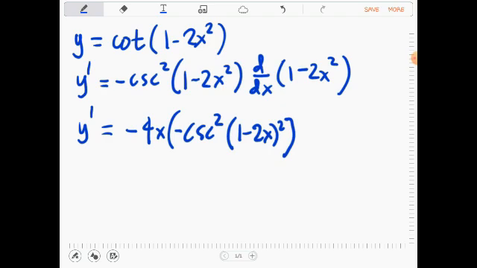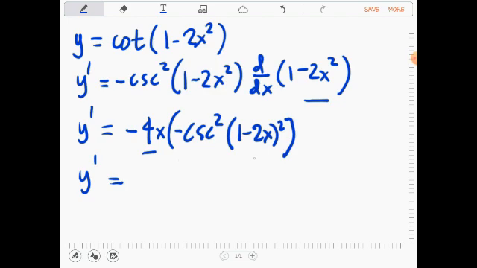Now, don't be confused, this comes from here. Okay? Because this is just what I saw earlier. Now, let's simplify this. This should be equals to y prime is equal to negative times negative.